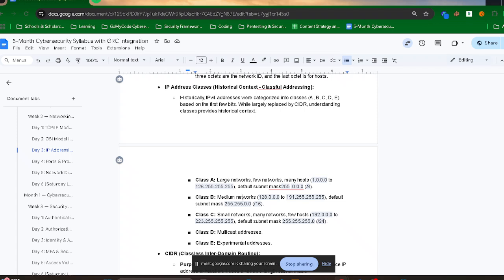The first IP address from the range will be for the network, and the last IP address from the range will be for broadcasting, not host, on the network. So in between the first and the last are the ones that will be assigned to hosts.